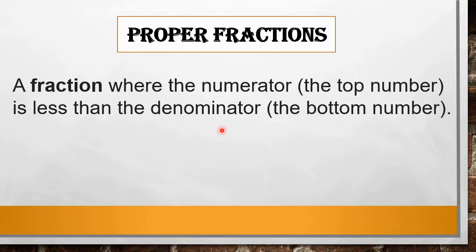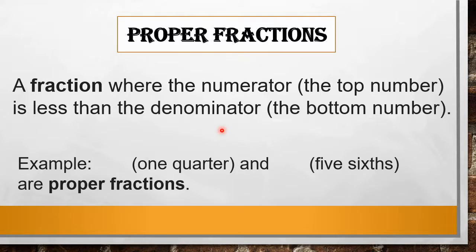Let's see examples. So here 1 by 4 is given. 1 by 4 means 1 quarter and 5 by 6 means 5/6 are proper fractions because the numerator is less than the denominator.